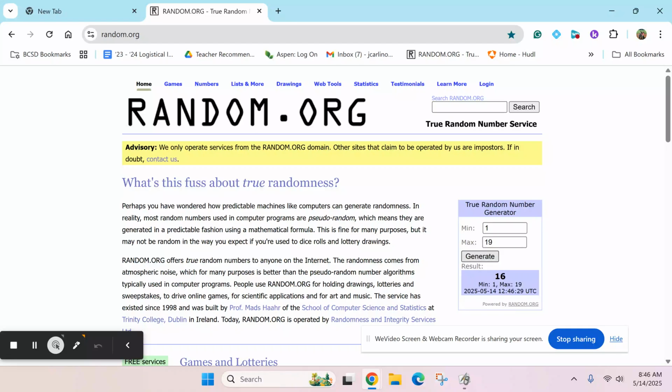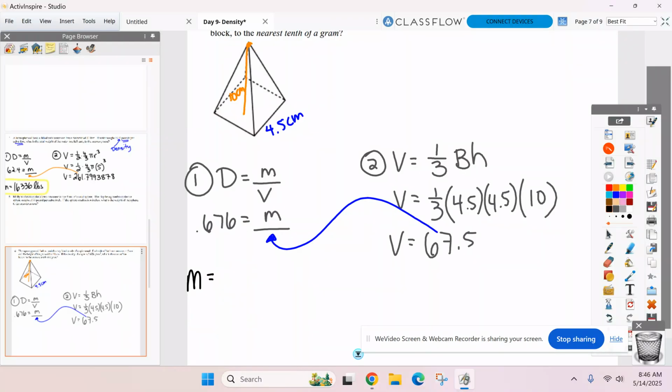Tenth of a gram. Maddie, back to you to finish this. Great work. Yep. Any questions so far?